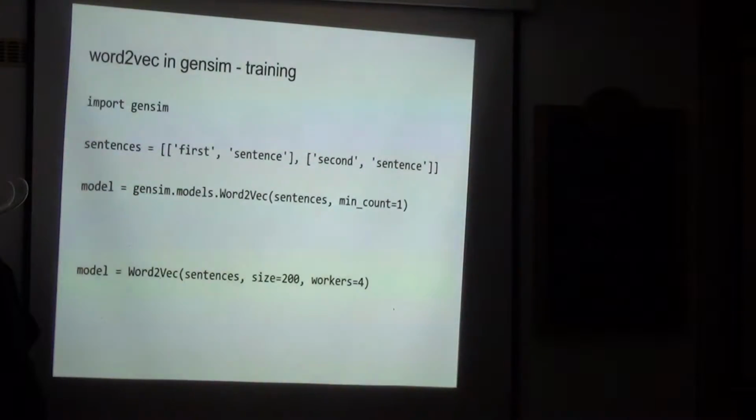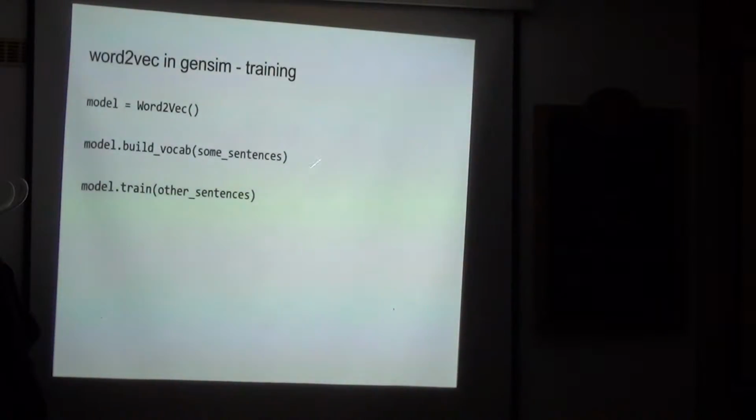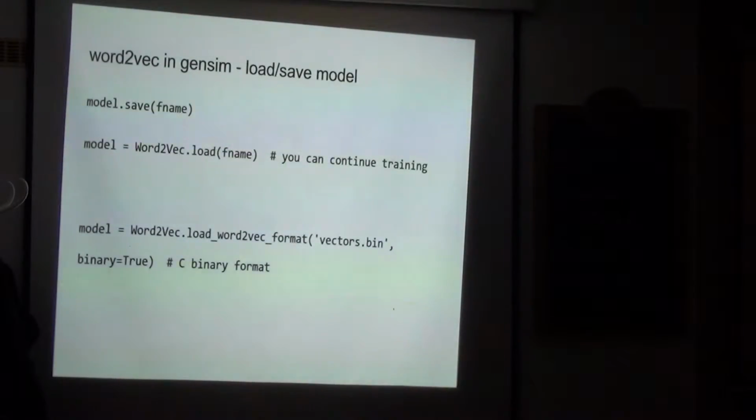I should mention also that when we create this object, we pass through sentences 2 times, because we need to build vocabulary and then we need to do a second pass to train the model. And then we can save and load the model. We can load the model in the original word2vec format, which is based on the C implementation. Apparently this is faster, because it takes advantage of Python native binary format.